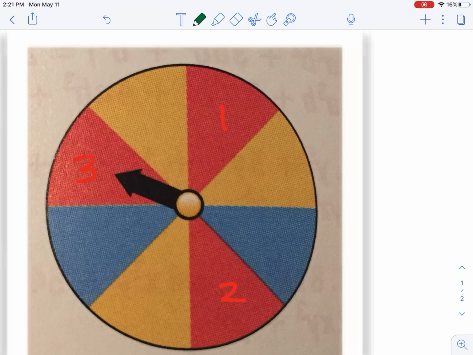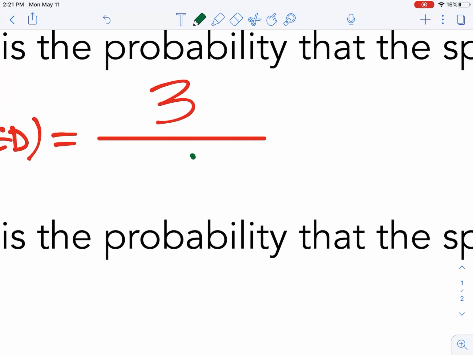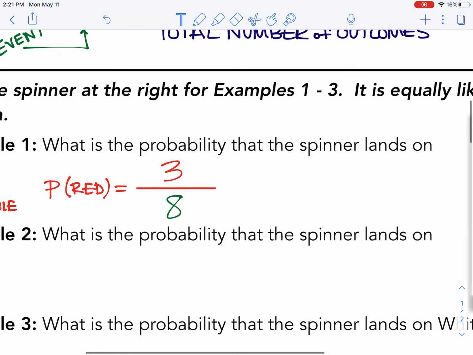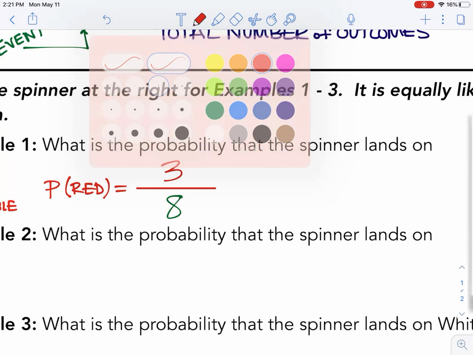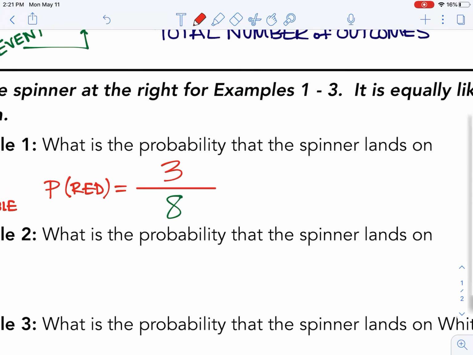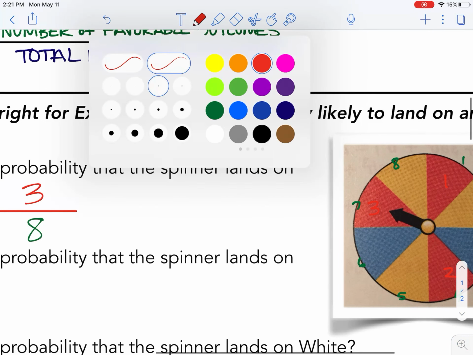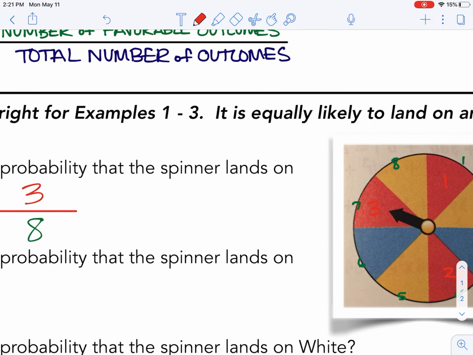So if we just add up all the possibilities, 1, 2, 3, 4, 5, 6, 7, 8, we have 8 possible outcomes. So the probability of landing on red is 3/8. That is one way you could write your answer. The next way you could write it would be just to make it a decimal. In this particular case, this equals 0.375.